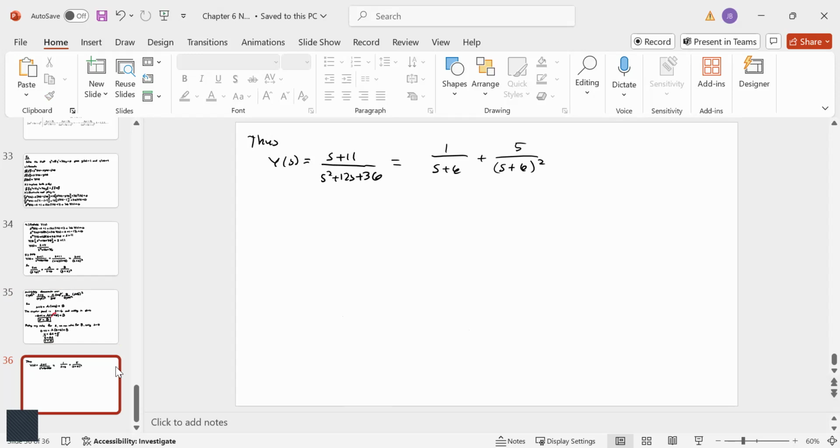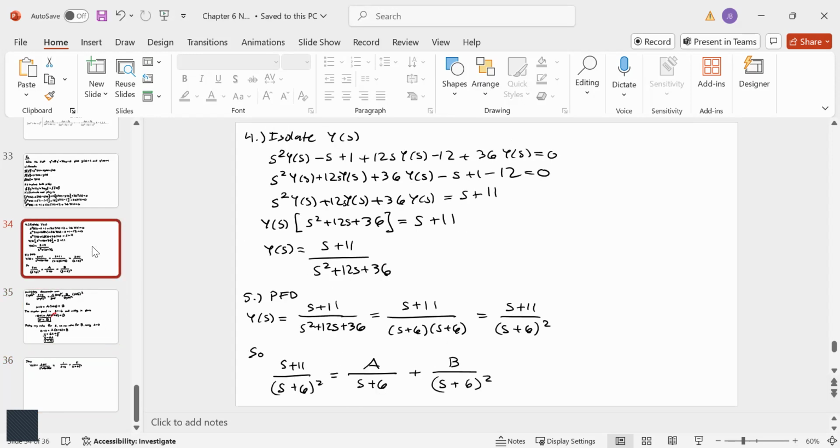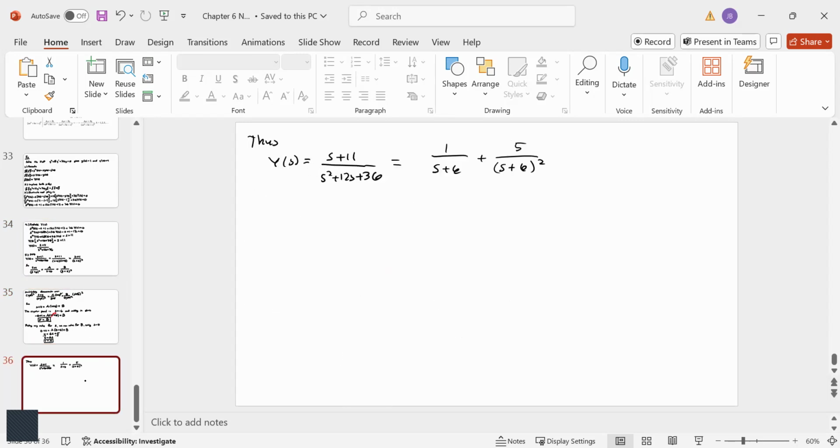And you might be thinking, okay, how does that help me? Well, now I have terms that I can use a table on, right? So this is where the inverse Laplace comes into play. So that was step 5. Now we're in step 6, inverse Laplace.